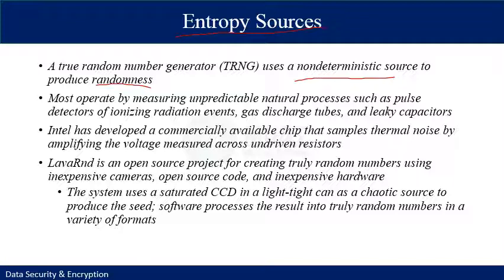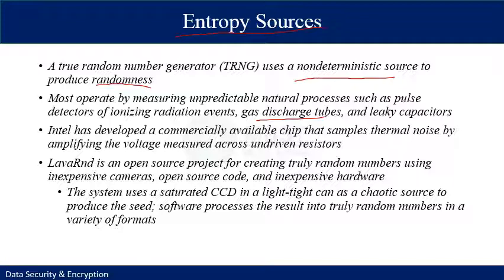Most of these random number generators operate by measuring unpredictable natural processes, such as the pulse of a person, pulse detectors on ionizing radiation events, gas discharge in tubes, or leaky capacitors. These are some examples of random entropy sources.